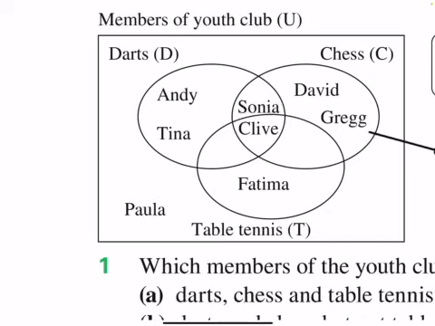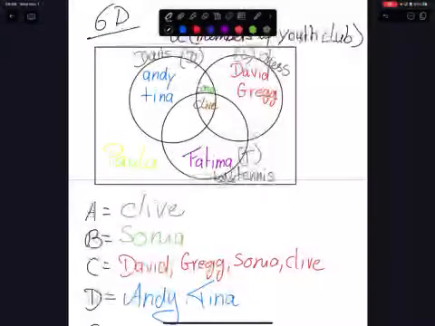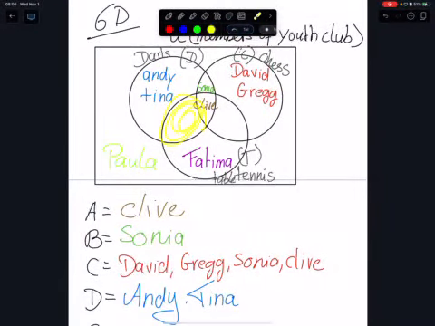That's no one. No one plays darts and table tennis but doesn't play chess. That circle is here. It's empty. Where are you? Here. There's no one in there.